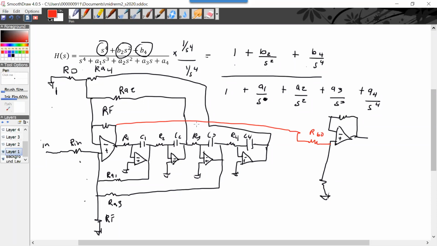Now then we have something coming out of two integrators. 1, 2. All right. And on the B networks, we want positive. Everything needs to be positive. Here, everything needs to be negative. Here, everything needs to be positive. So if it's already positive, we keep it positive. And then the last one is something with 4 integrators.